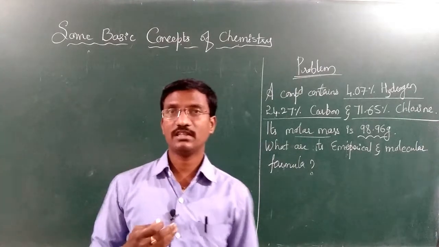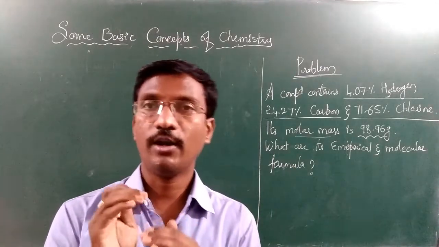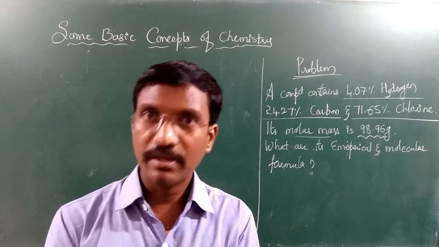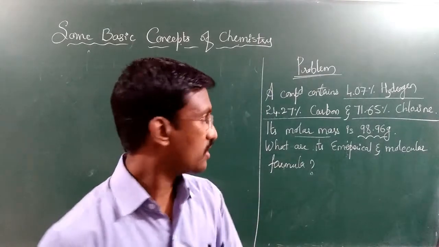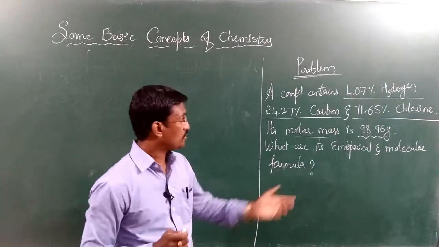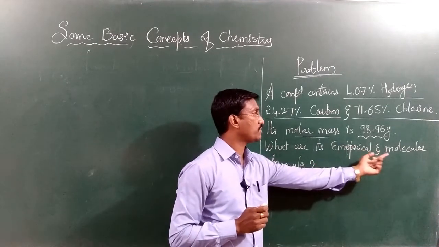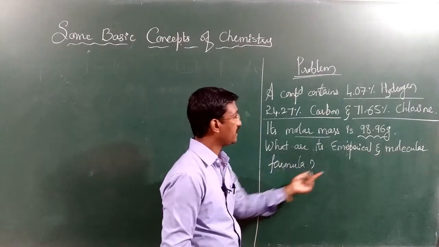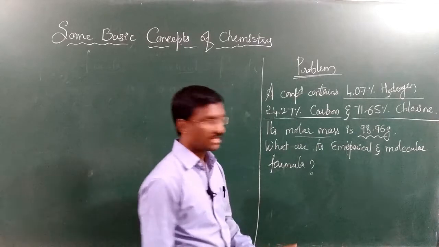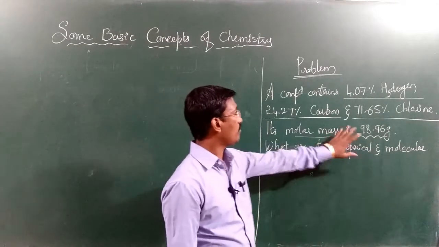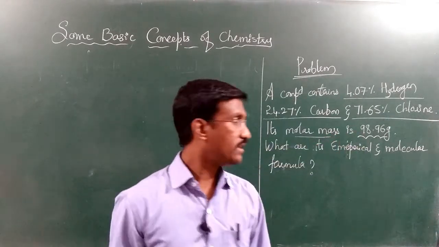First we will calculate the empirical formula. With the help of the empirical formula, it's possible to create the exact molecular formula with the help of the molar mass. So let's begin.